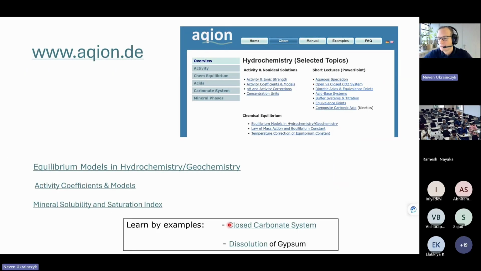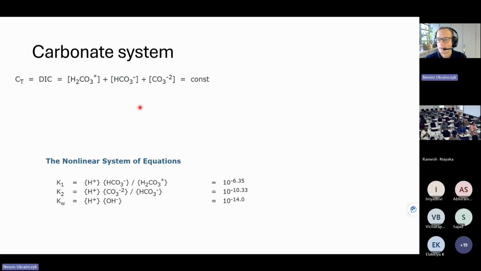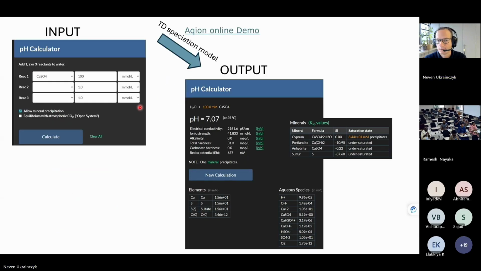So basically, we will play with Aqion. This is a free, very simple online tool where we can play with these models, and we'll go through some examples. This is how the tool looks. You just say what you want to react and how much, and then you can check how much precipitates or not.